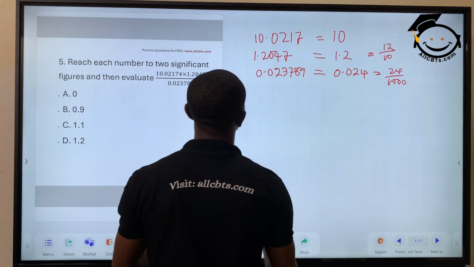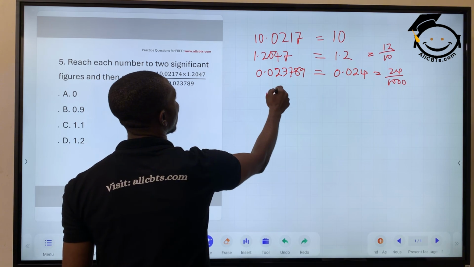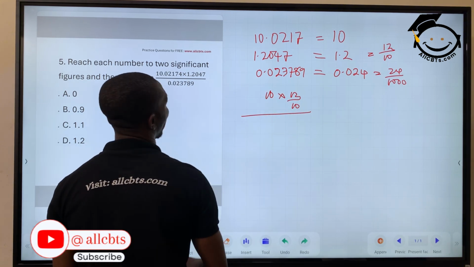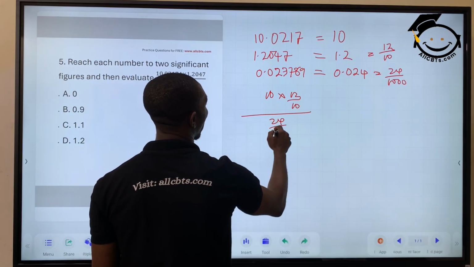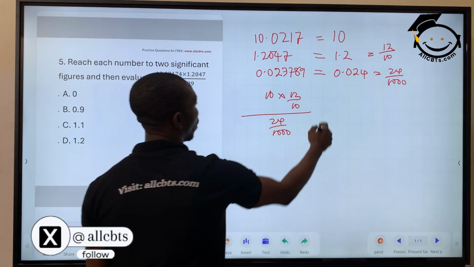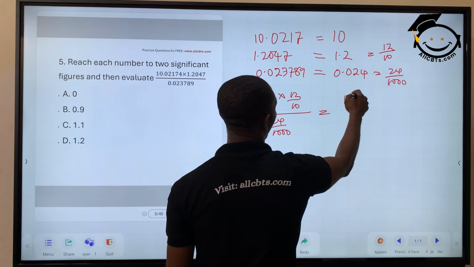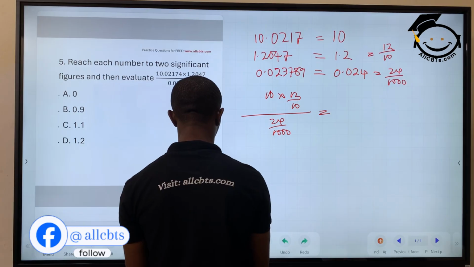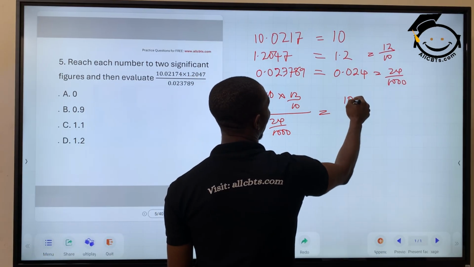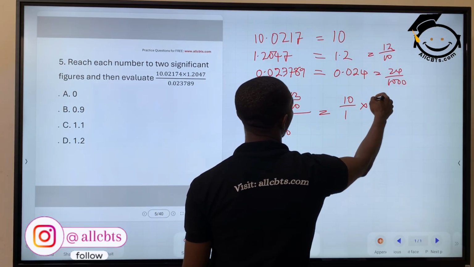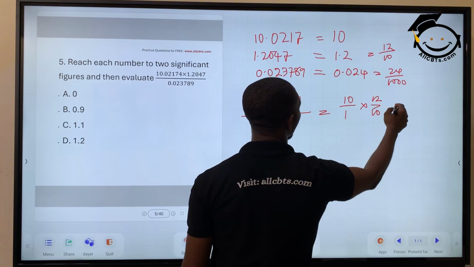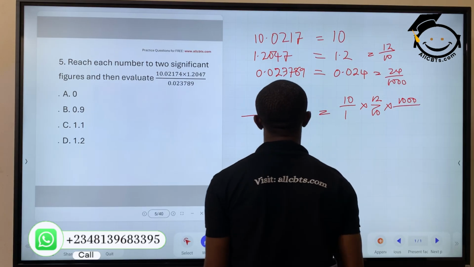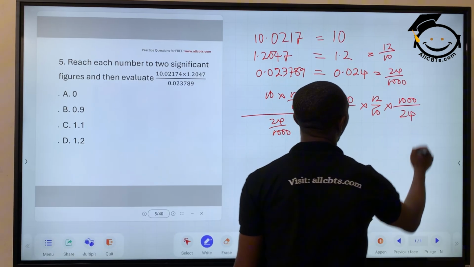Since we have 10 times 12 over 10 divided by 24 over 1000, we can turn it around to be 10 over 1 times 12 over 10 times 1000 all over 24.